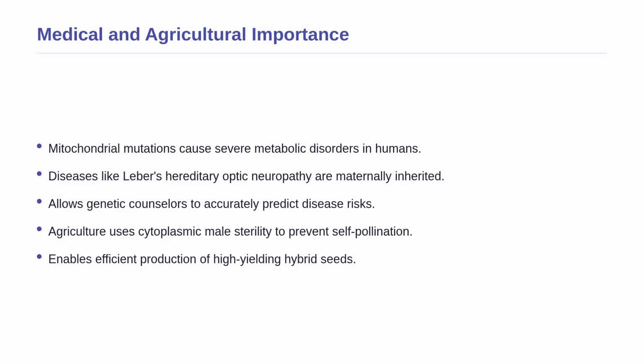Because these diseases are strictly maternally inherited, genetic counselors can predict risks with certainty, knowing an affected father will never pass the disease to his children. In agriculture, plant breeders exploit a trait called cytoplasmic male sterility, governed by organelle genes. This prevents crops like corn from self-pollinating, allowing farmers to efficiently produce high-yielding hybrid seeds without the expensive process of manually removing pollen.